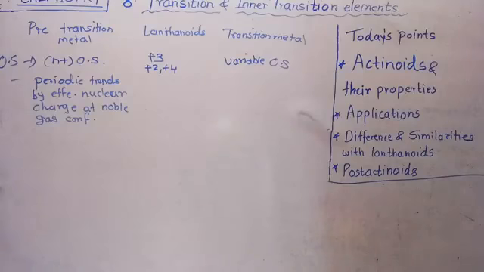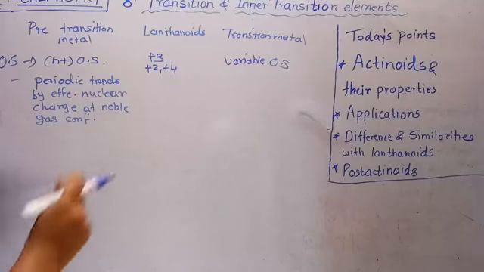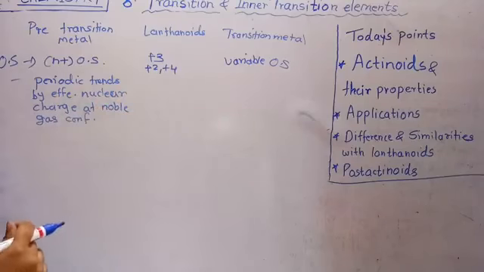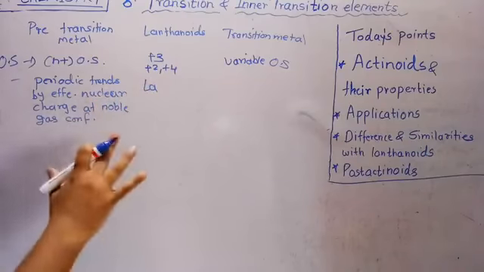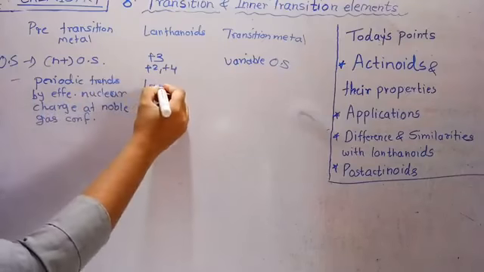And noble gas configuration. The next one, the lanthanoids, showing the lanthanoid contraction. Their ionic radii go on decreasing with increase in atomic number.